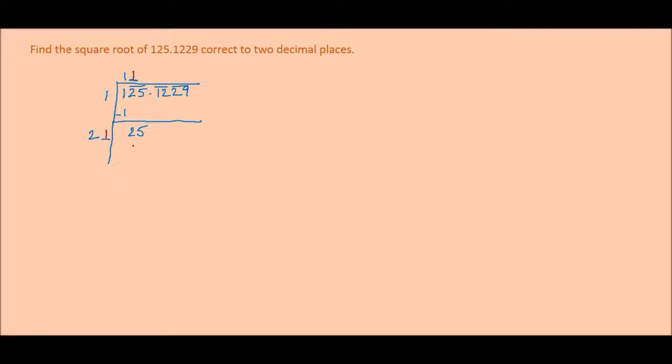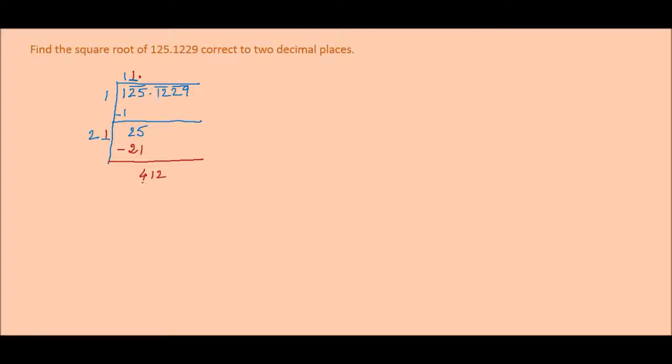And we write the product as 21 and perform the subtraction. It is 4. Now we bring down these 2. Since we are bringing down the digits after the decimal point, we have to put the decimal point over here in the final quotient. And we bring down the 2 digits.